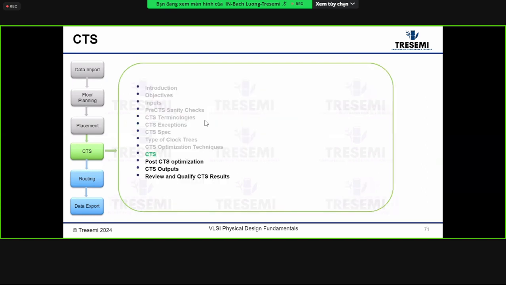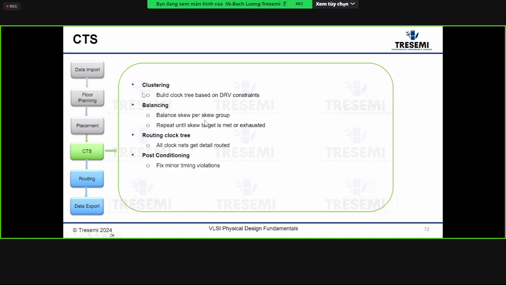Okay, so we just finished useful skews, virtual clock, generated clocks, and some of the CTS optimization techniques with load level adjustments and so on. Next is actually the CTS process. What the tool does during CTS is first called clustering, which clusters all the endpoints together, all the sinks, based on the skew group.